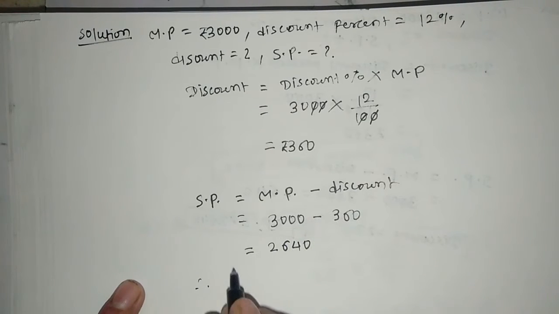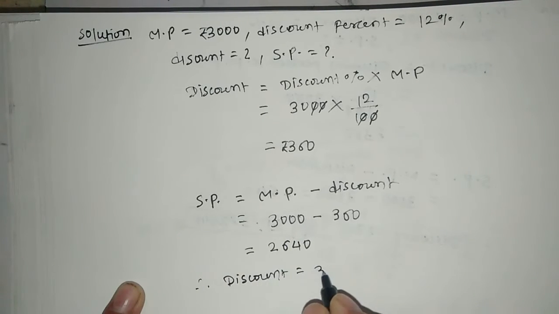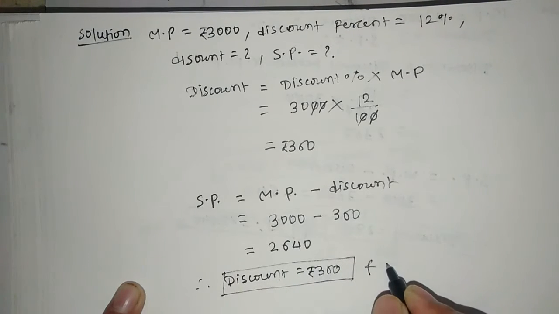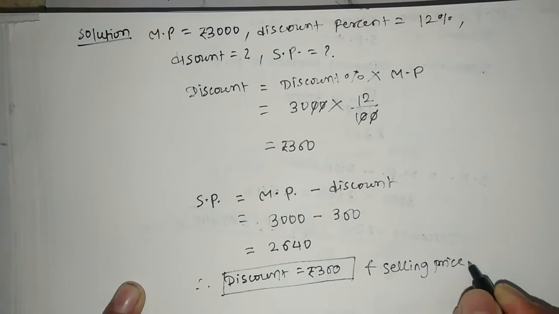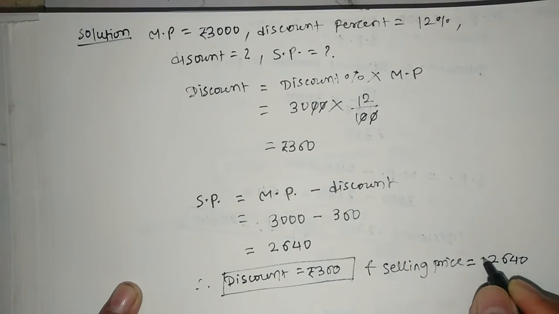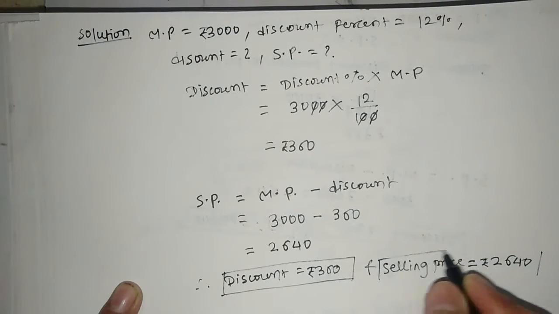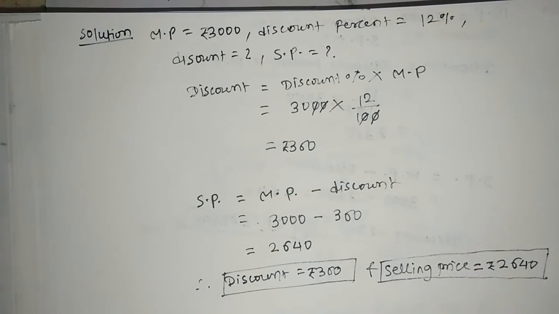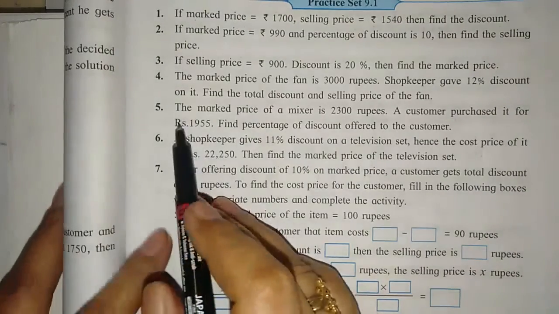So therefore discount is equal to 360 rupees and selling price is equal to 2640 rupees. Very simple.